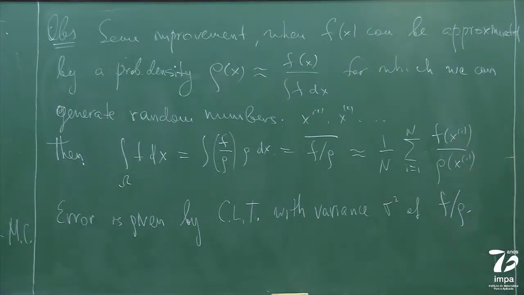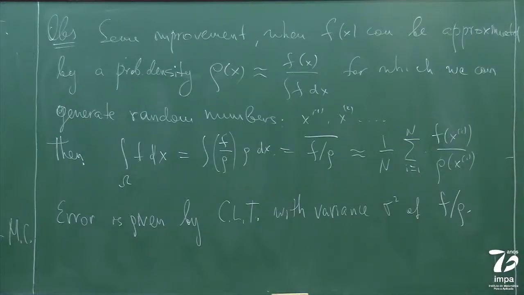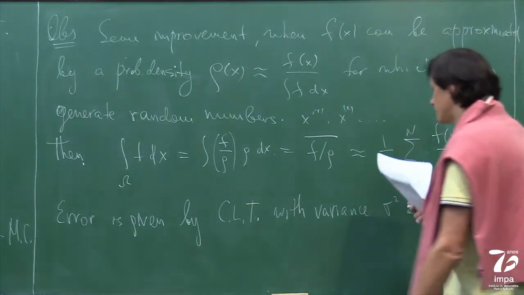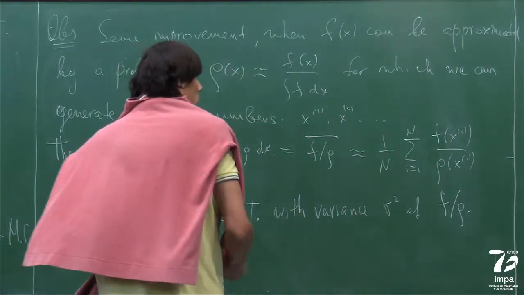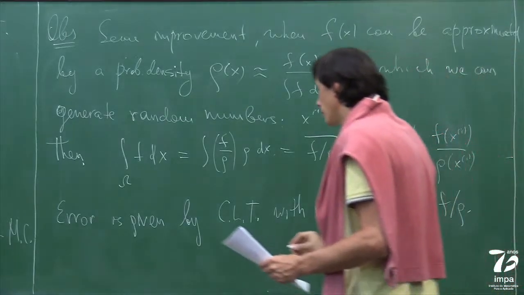So we had the formula with the central limit theorem that gives you, with certain probability, that the error is smaller than a certain number, and it depended on the variance. So let's see what the variance is for this particular choice.